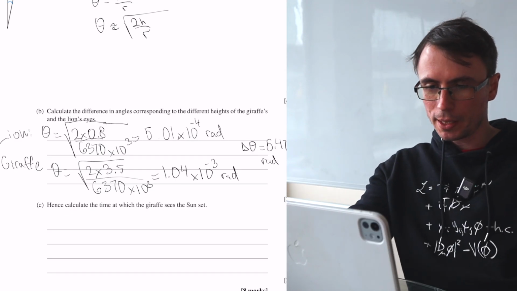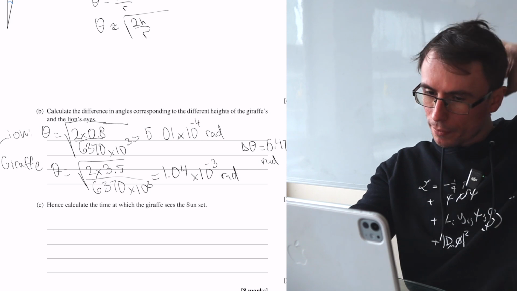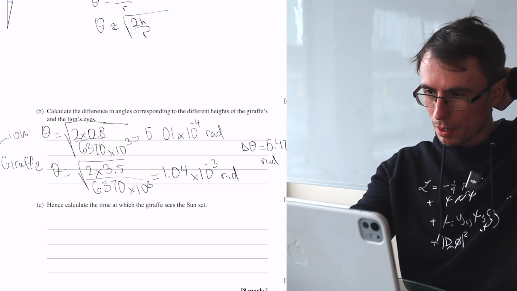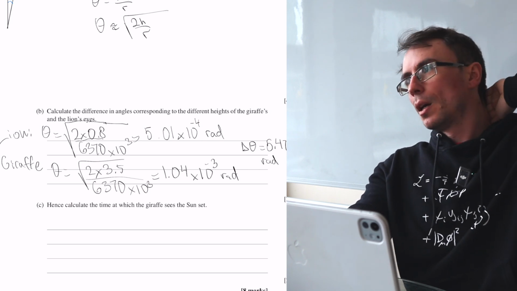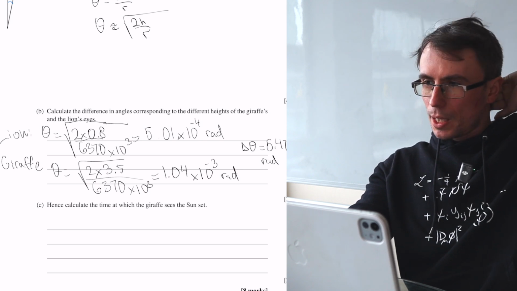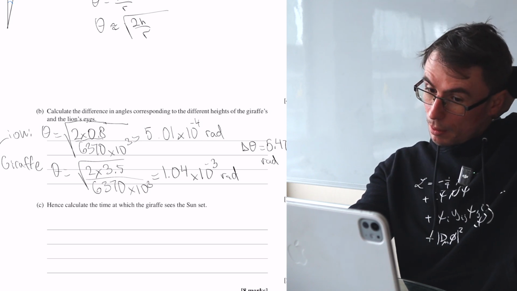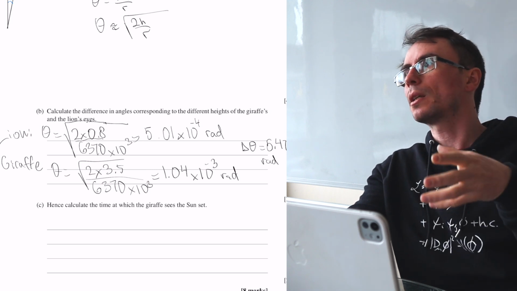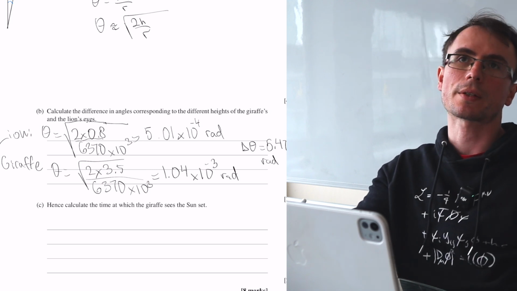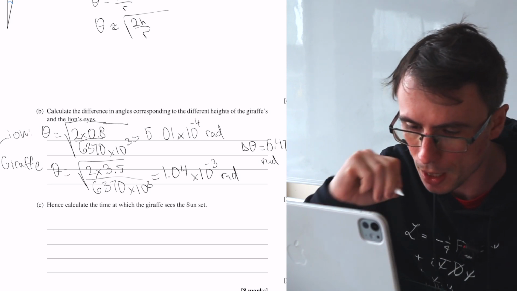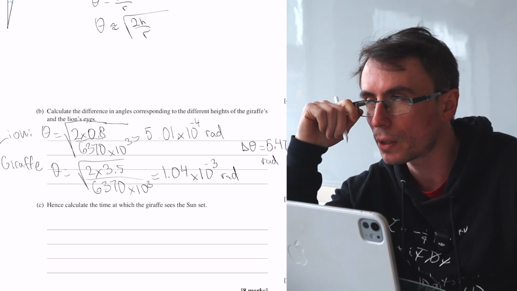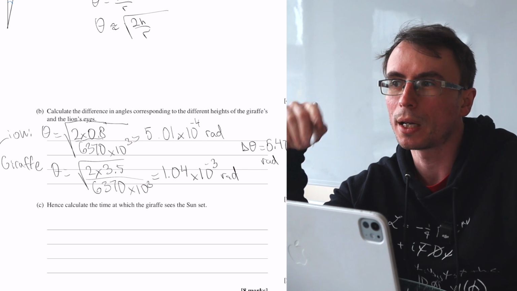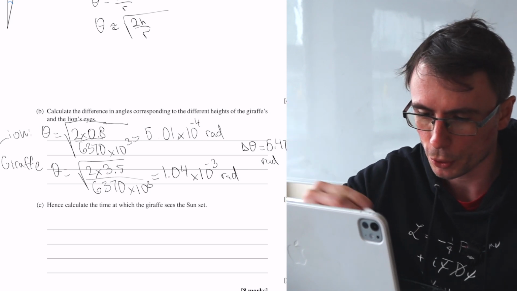Okay, hence calculate the time at which the giraffe sees the sunset actually set. This here is a classic problem, and it's typically tackled with angular velocity, which is typically done in year 2, and you can think about this in terms of proportionality.